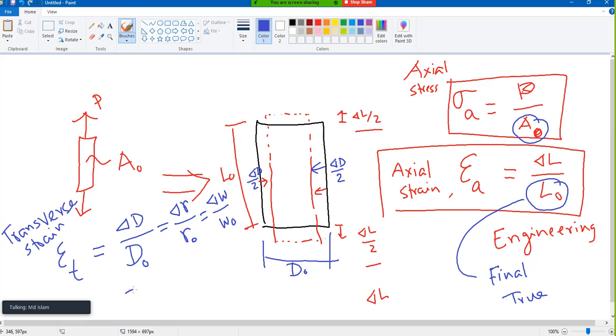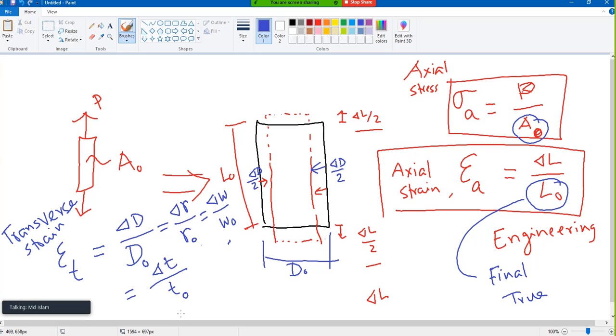Or you can do the other way, change in thickness divided by original thickness. Whatever measurement you took is up to you, all are the same. So change in diameter, change in radius, change in width, or change in thickness, everything is the same.